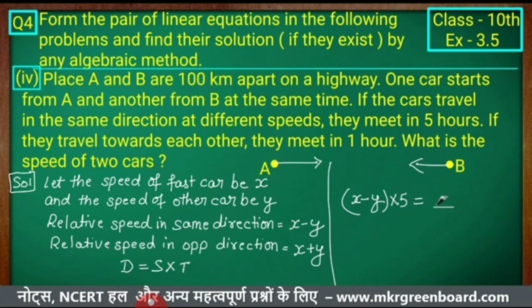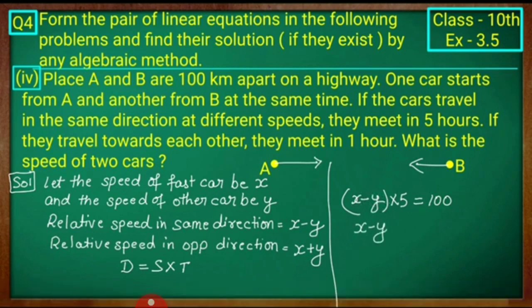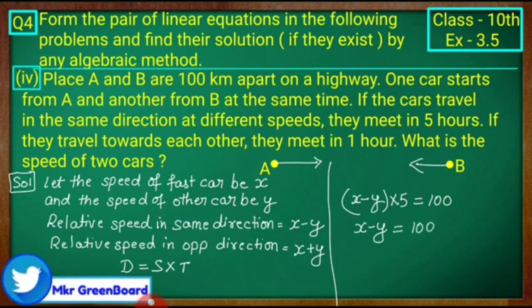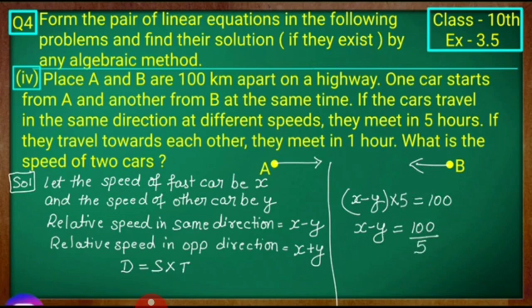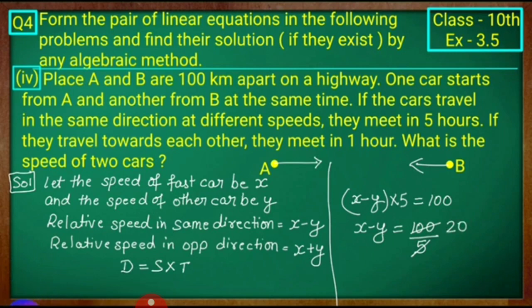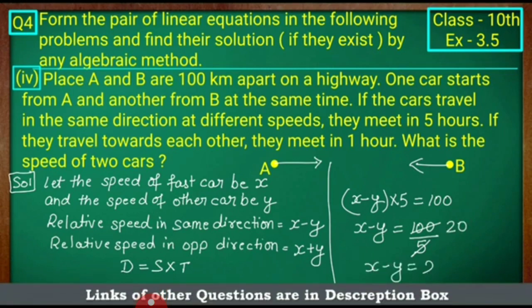Because d is equal to s into t, the equation is x minus y into 5 is equal to 100. Now x minus y is equal to 100 upon 5. Reduce it, x minus y is equal to 20. That is equation number 1.